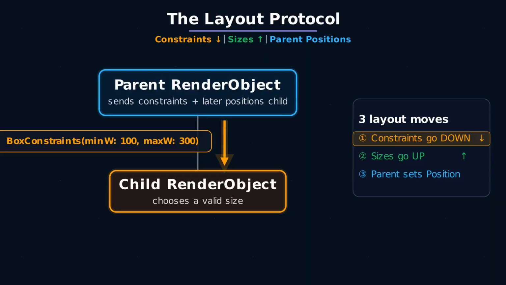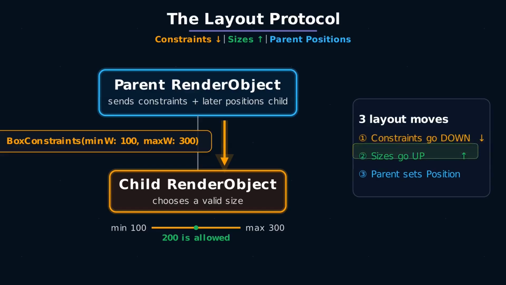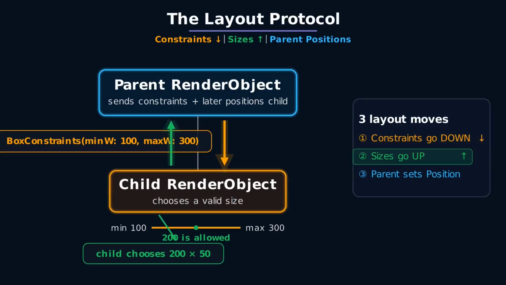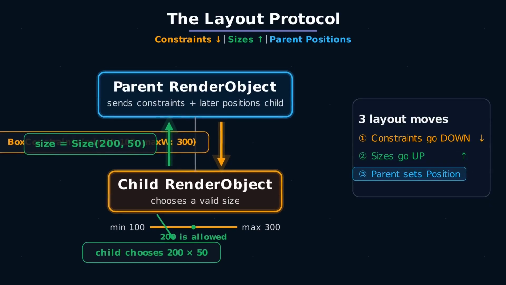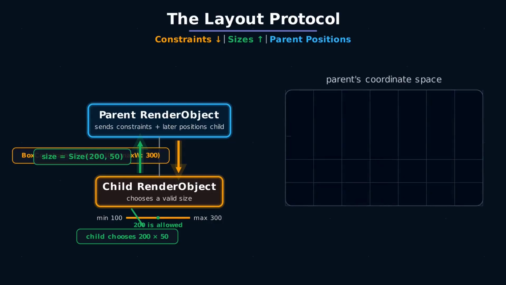These are called constraints. They flow downward from parent to child. The child looks at those constraints, does its own calculations, and says, okay, I'll be 200 pixels wide. The child sends its size back up to the parent. Now the parent knows how big the child is. The parent then decides where to position the child. That's the parent's job alone.